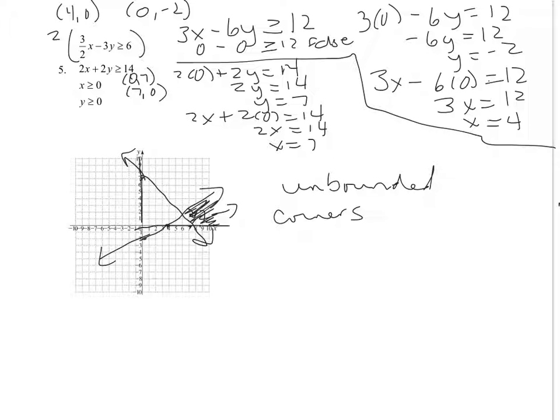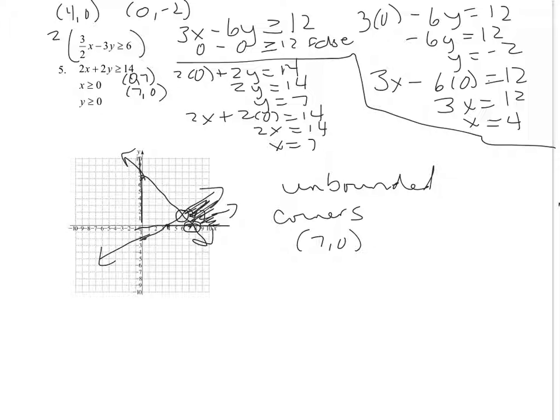I have one right here, and that occurred where this line crossed the x-axis. I know where that is because I went and solved using intercepts, so it means I have a corner at 7, 0.